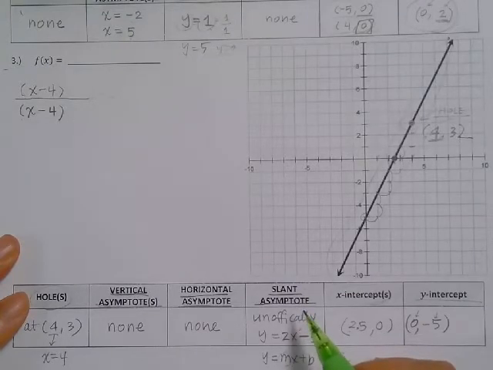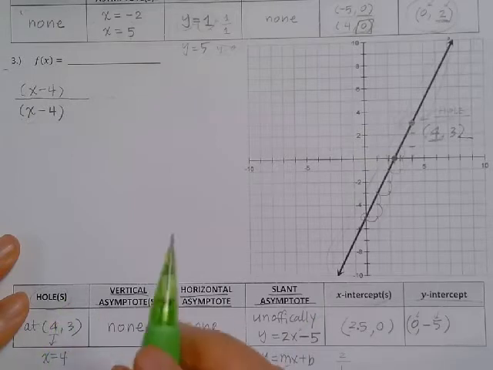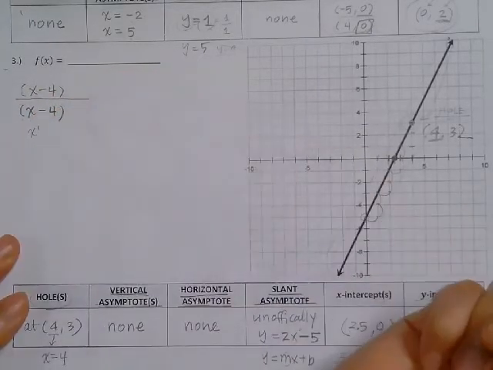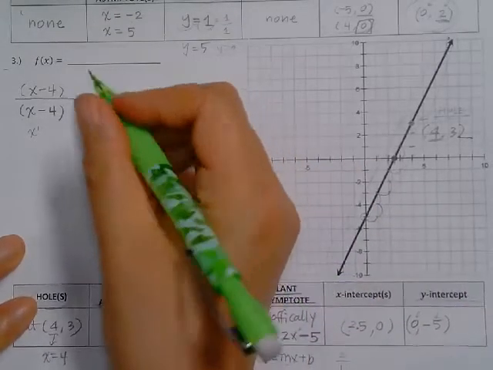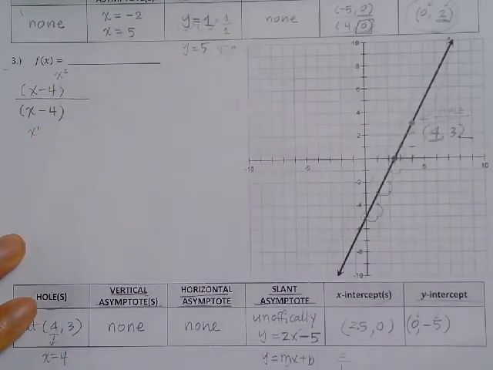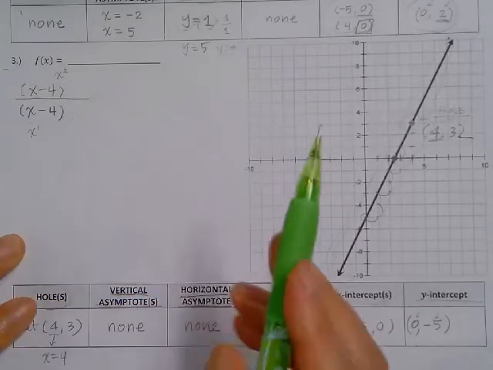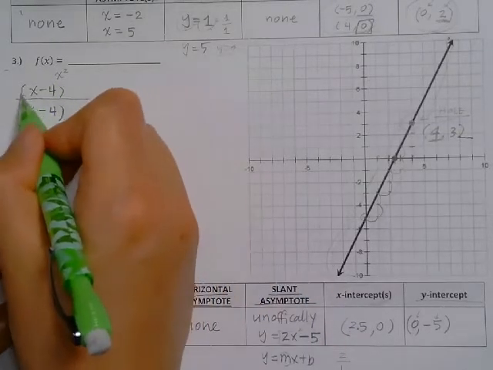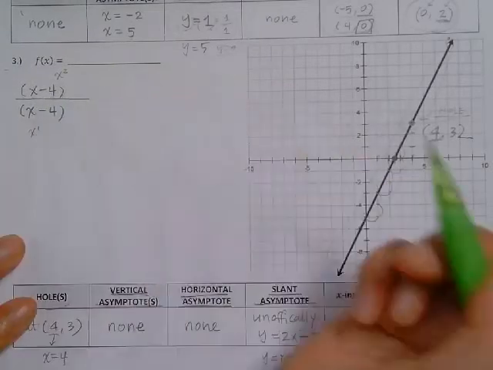How much heavier on top? 1 degree larger. So if I have degree of 1 on the bottom, I'm supposed to have degree of what? 2 on the top, so that I can have long division performed, so that I have 2x minus 5 as the quotient. So then, I only have one factor of x minus 4 here.